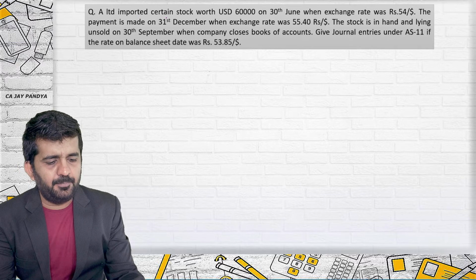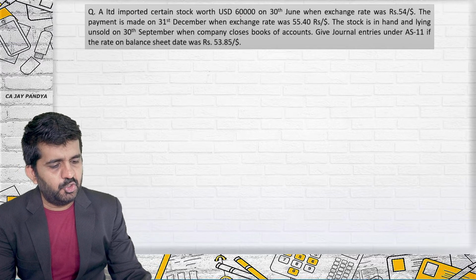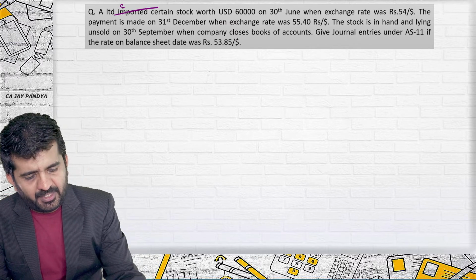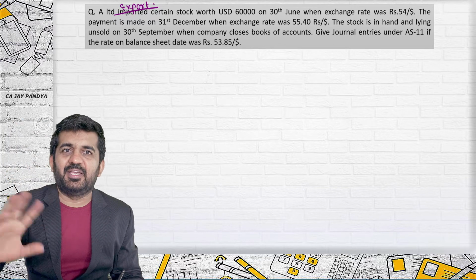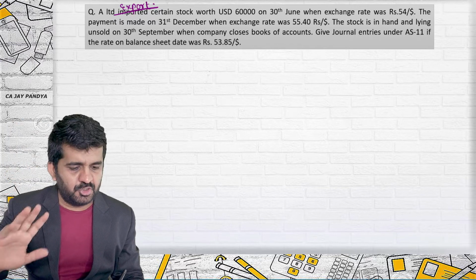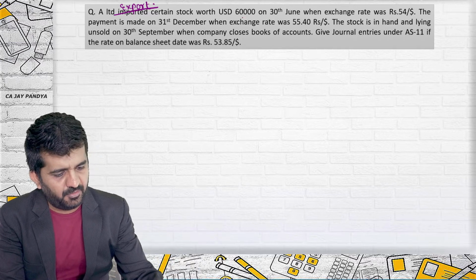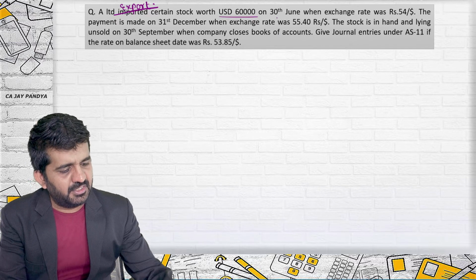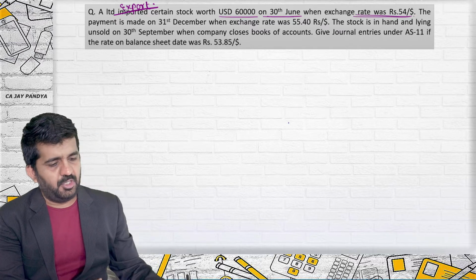A Limited imported certain stocks worth $60,000. Again, it is an import. Let me convert it into export, so that we get one journal entry of debtors, and another of creditors also. Exported certain stock worth $60,000 on 30th June, when the exchange rate was 54 per dollar.